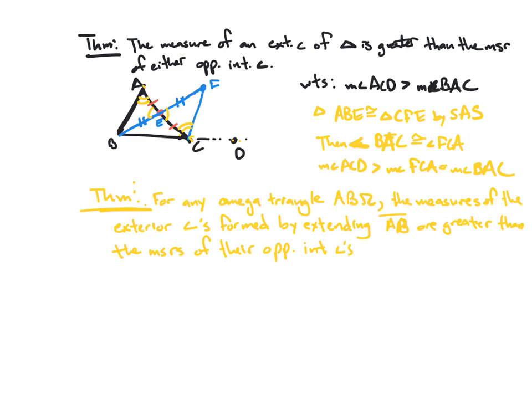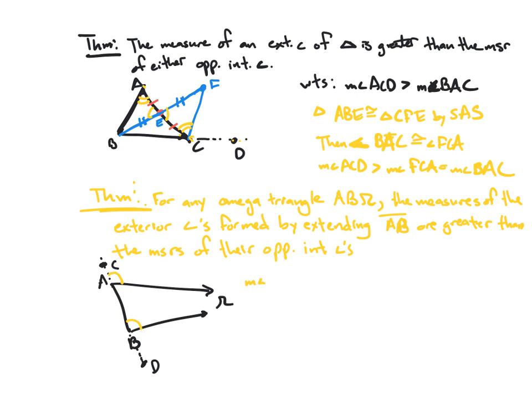Okay, so what we're saying here is that if we have an omega triangle and we extend this up like so, let's call this C and this D, then the measure of this angle must be larger than this.